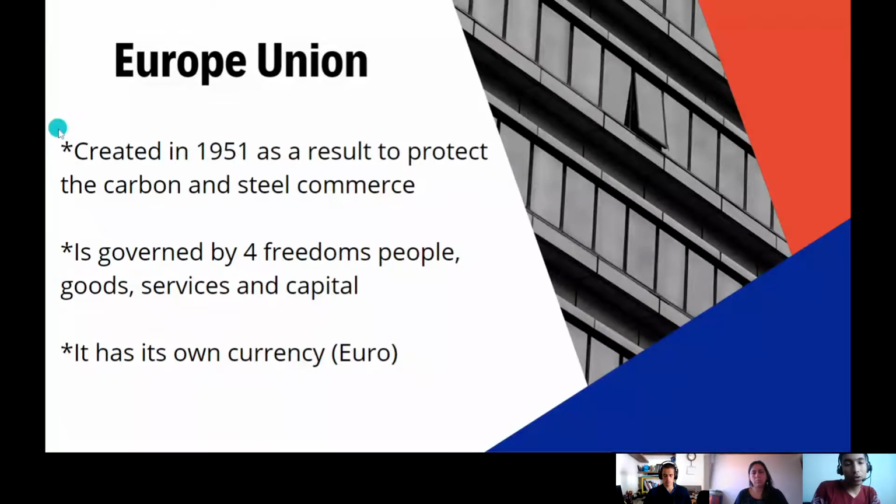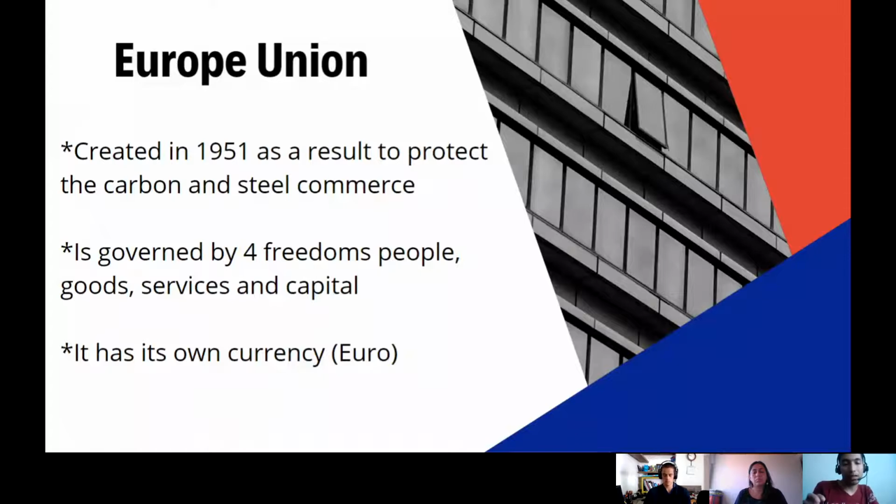They are governed by four freedoms, or four rules, which are the people, the goods, services, and capital. And also, to create a commerce organization, they have their own currency, which is the euro.